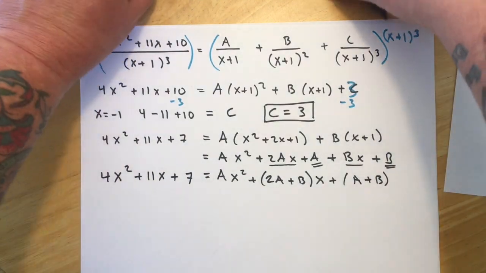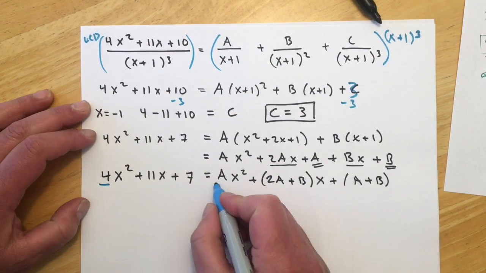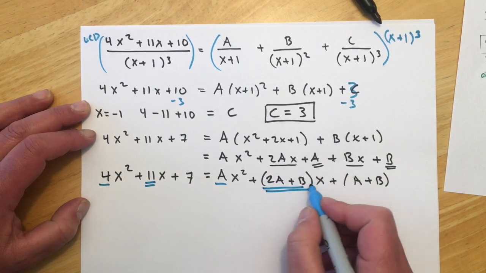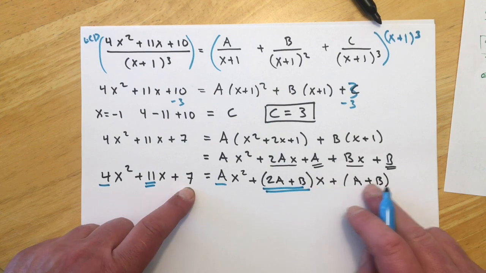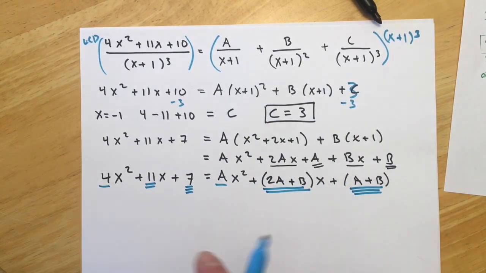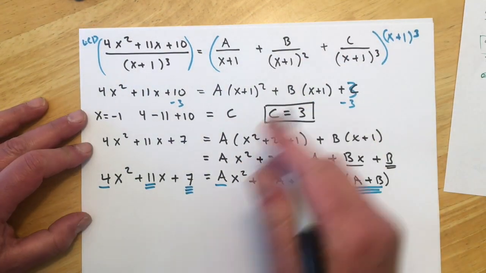And so now what we can do is just match up coefficients. So right here I have 4 is A, and then 11 is this 2A plus B, because it's what's in front of x. 7's the thing on the end, so this makes that. And we already knew C from back here.